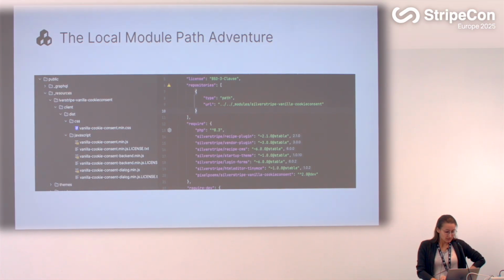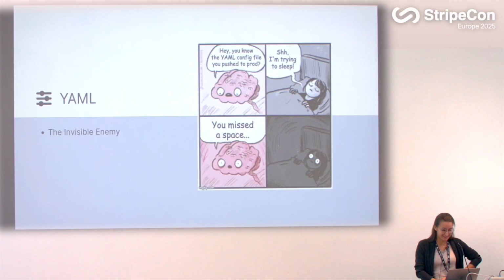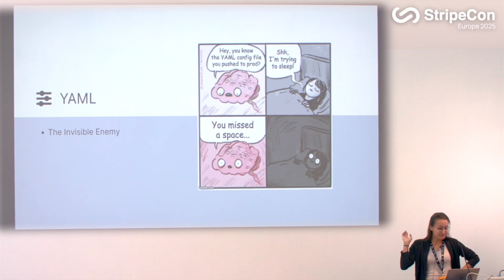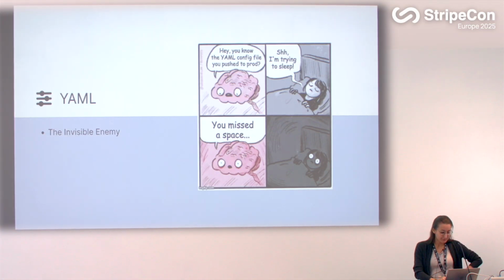Well, next, YAML files. Okay, I heard some laughter. I think you all know where it leads to. Have you ever had one of those nights? YAML files seem really chill, but they're friends who are really sensitive.